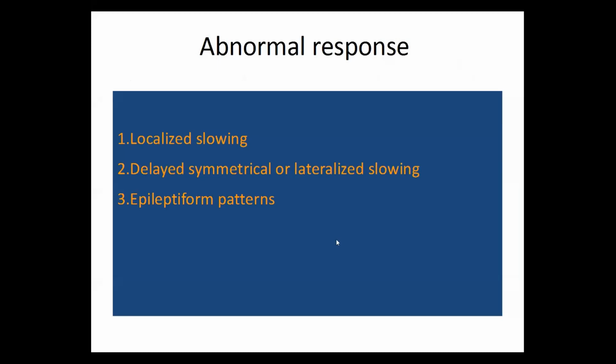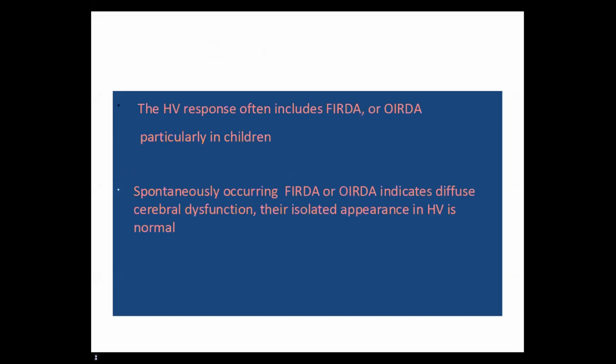Especially if it happens after a delay. In a post HV scenario, if you get a delayed response after a minute, then it could be abnormal. Even if it is generalized, if it happens after a delay of 1 minute in the post HV scenario, it is abnormal. And the well-known epileptiform patterns, if they appear during HV, they are all abnormal. The spike and wave discharges and all.